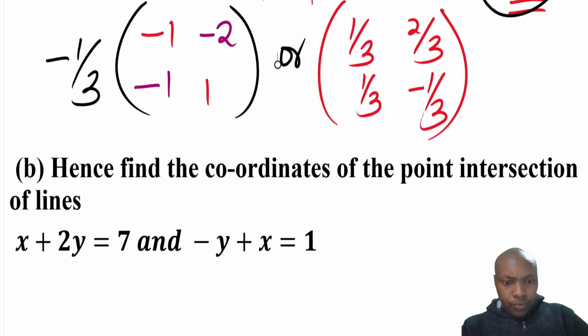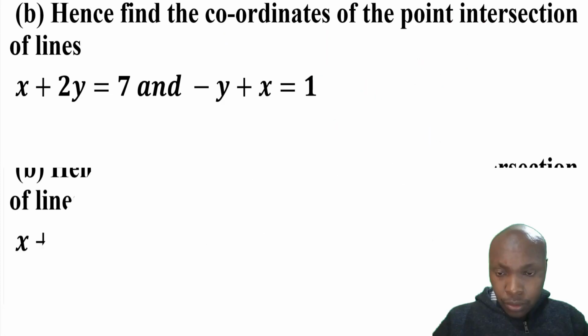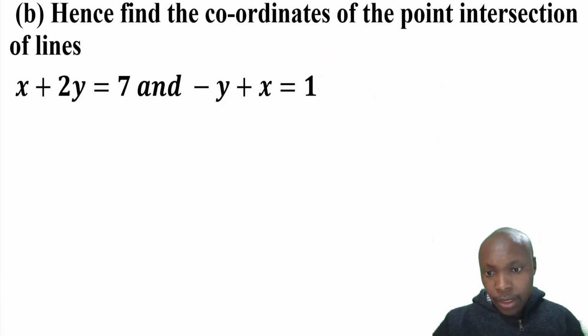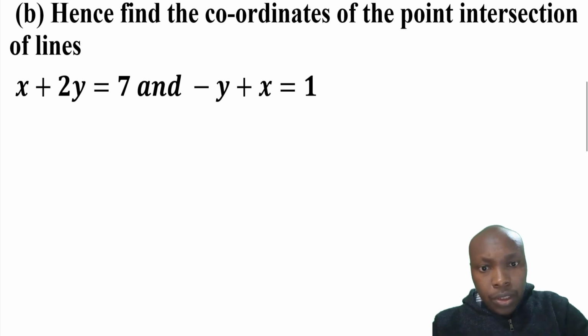We are required to solve these two equations simultaneously. We begin by organizing the equations in matrix form, arranging the x and y values on a straight line in the same column.